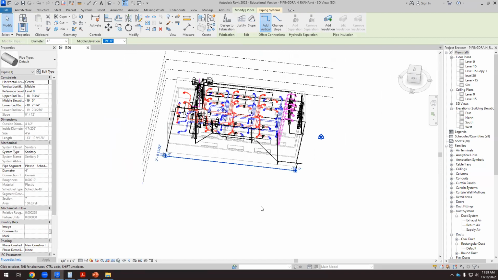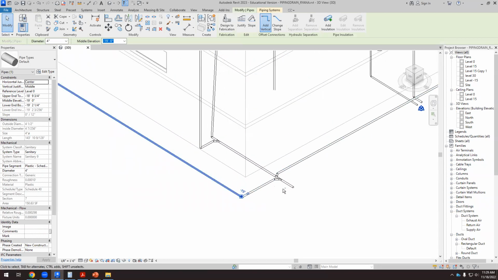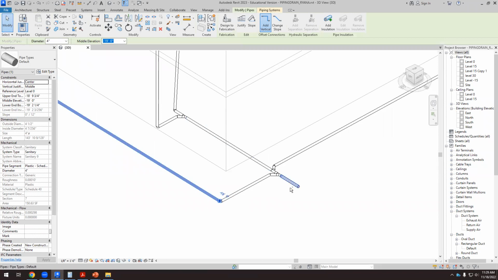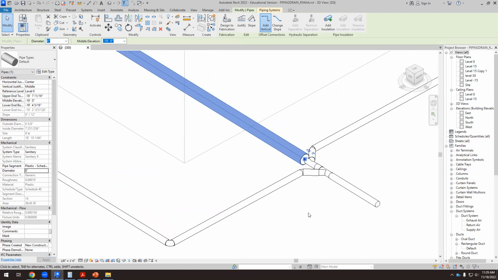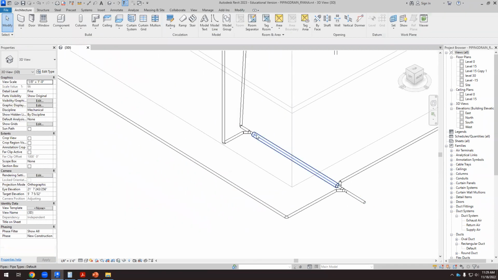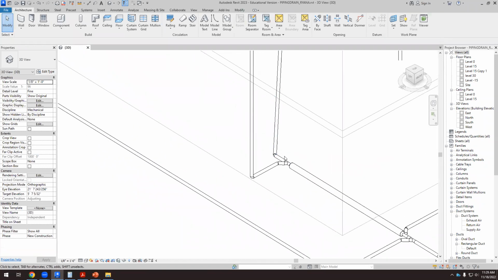So this is a perimeter drainage around the building, and at the end, it's connected to the main rain downspout. By the way, this should be 8 inches. At least the last one should be 8 inches.